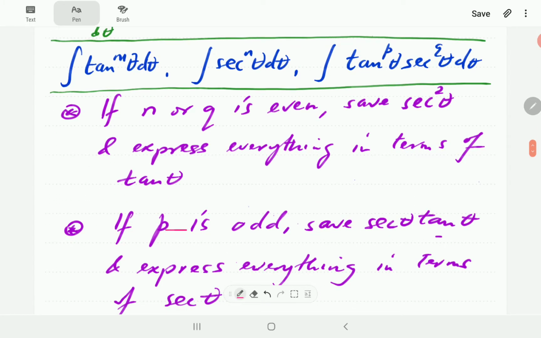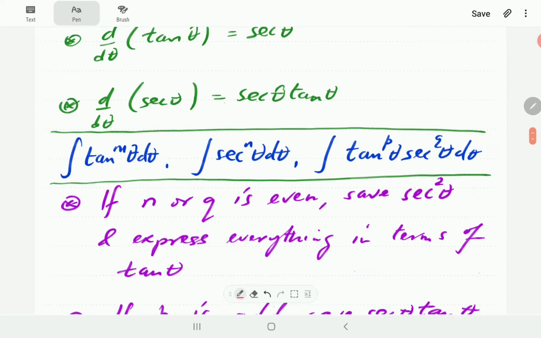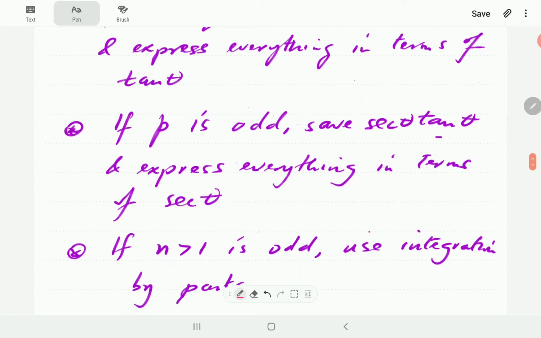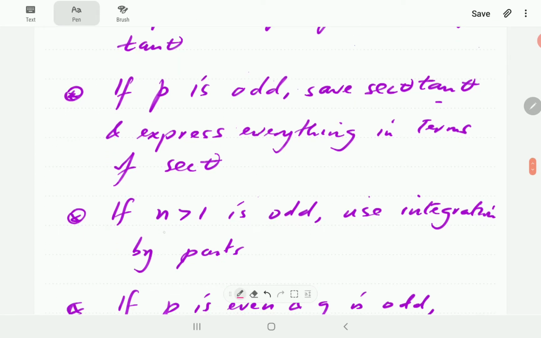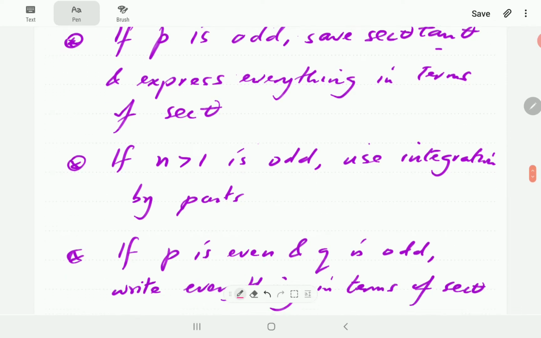Then if p is odd in this setup, then we save a secant tangent and express everything in terms of secant. Again, that's because the derivative of secant is secant tangent. And then if n is odd, where it's bigger than 1, so for this type of integrals we just use integration by parts.